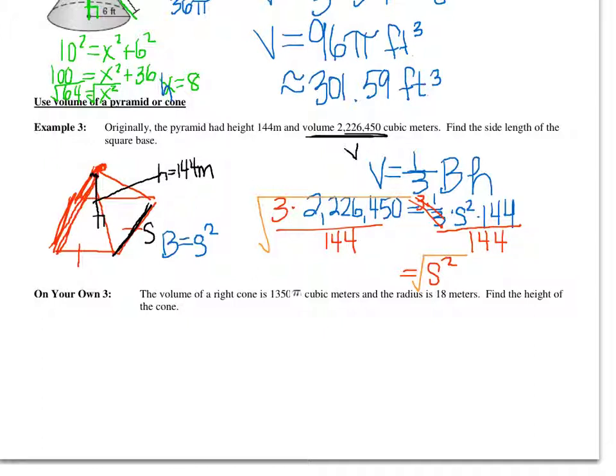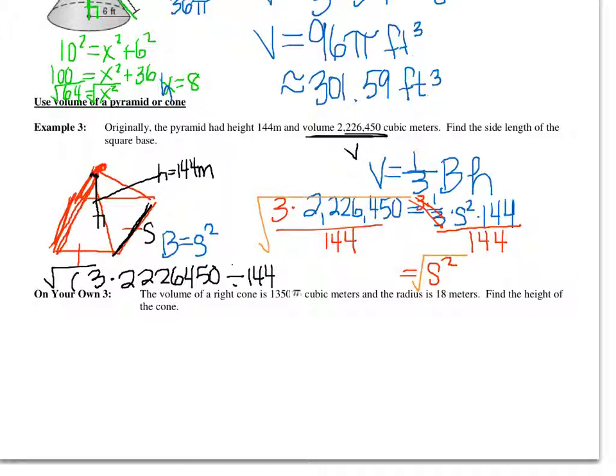So you need to put into your calculator, try and write this out, the square root sign, that should probably open a parenthesis, 3 times 2,226,450. And then divided by 144.